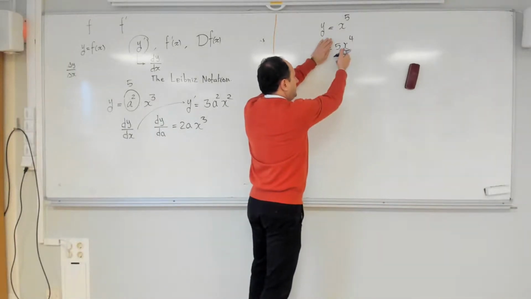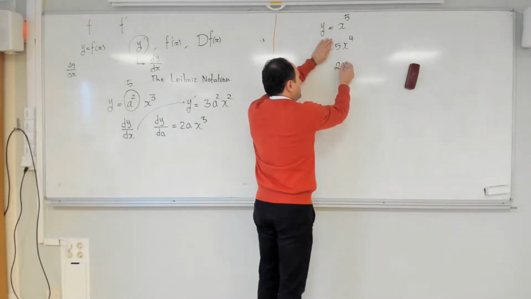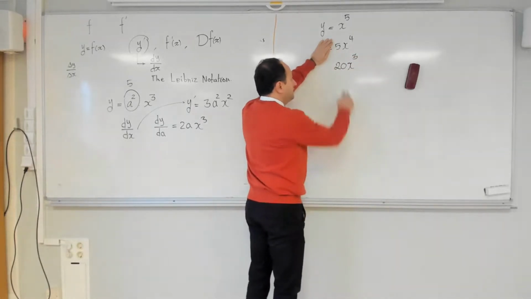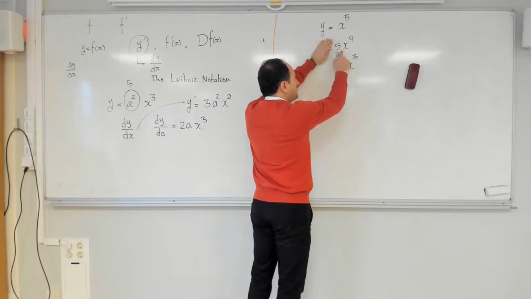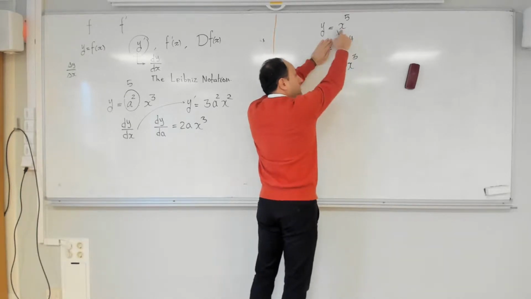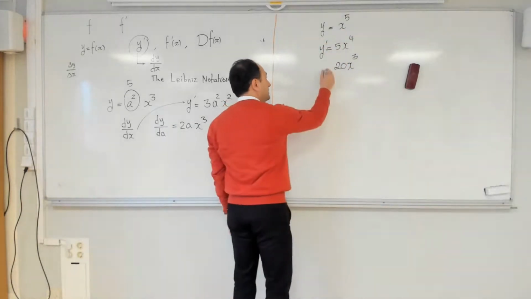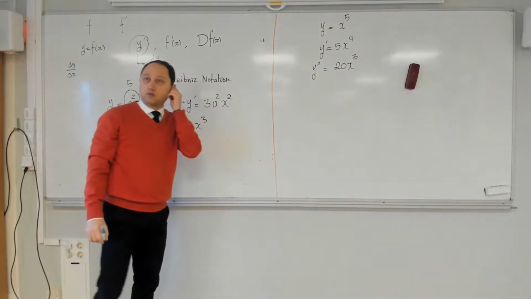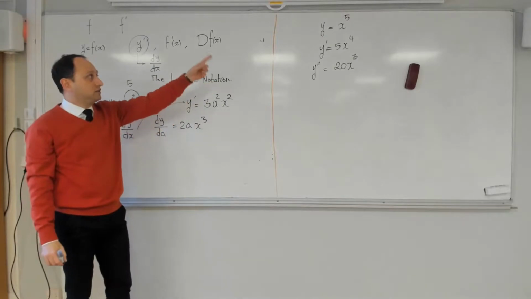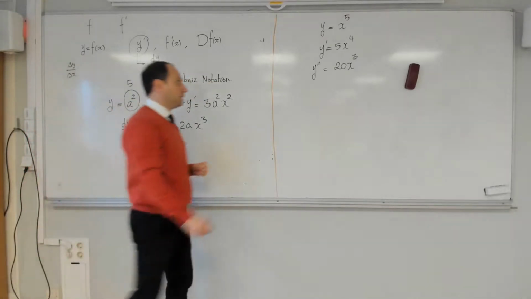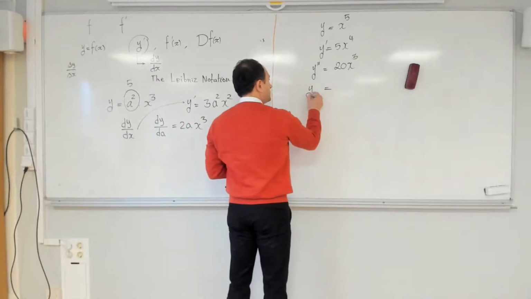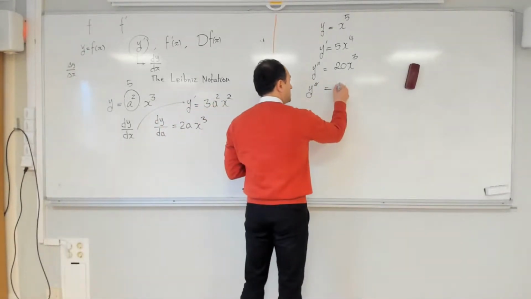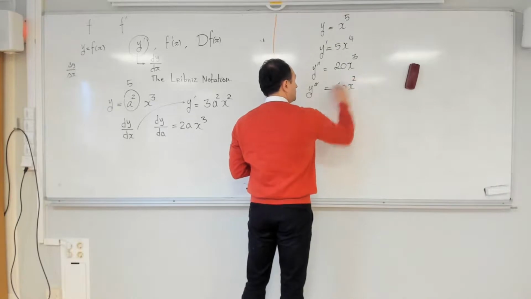If you take another derivative of this, it becomes 20x to the 3. This is the first derivative, but this is called the second derivative of that. The second derivative is denoted by y double prime. So when we say y double prime, it means take the derivative 2 times. And then we can have another derivative, which is called y triple prime, which is 60x to the 2.